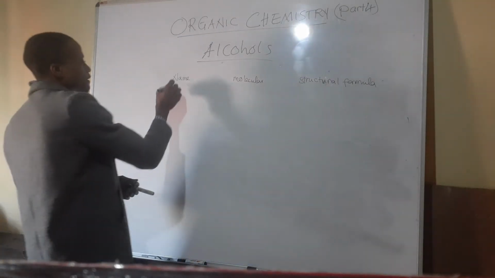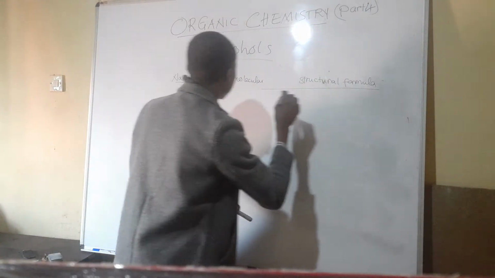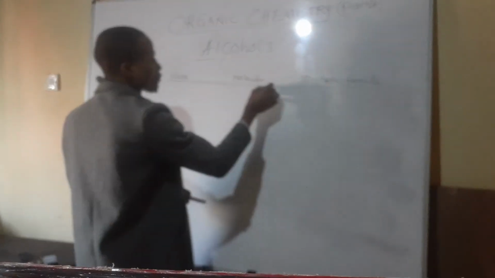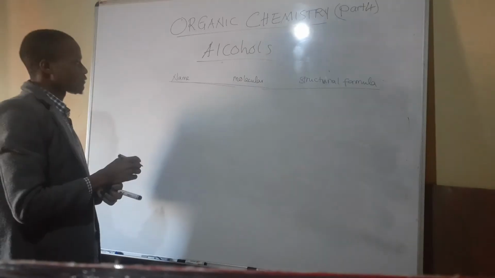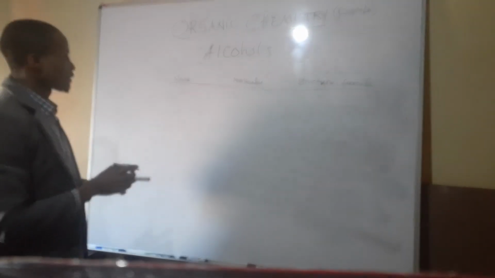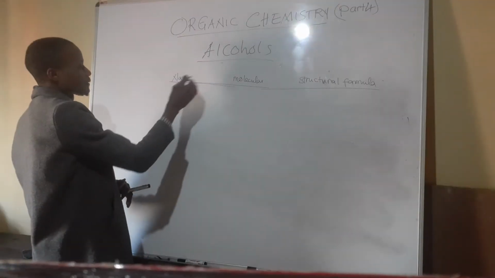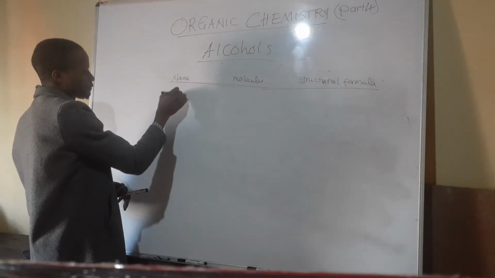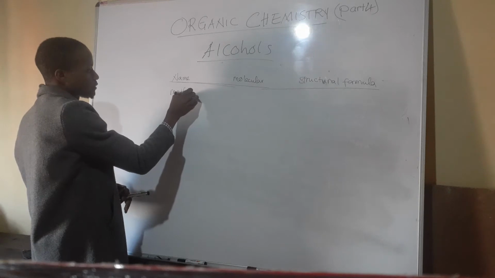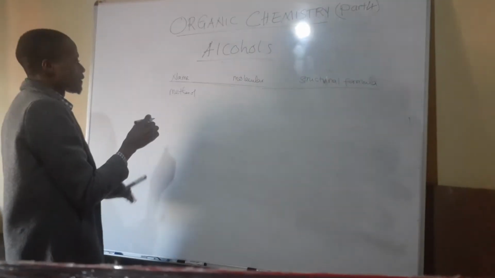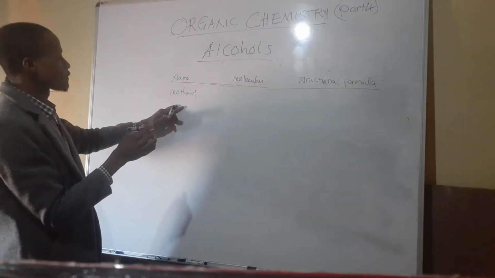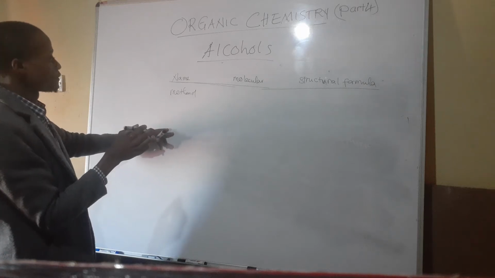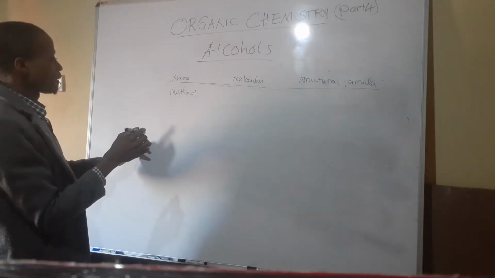Okay, so the first alcohol has 1 carbon. First, that is called methanol. The names of alcohols are similar to the names of the alkanes and the alkenes we have discussed.